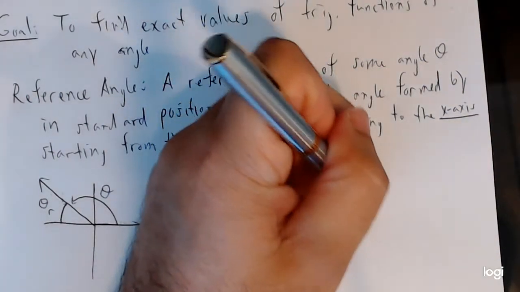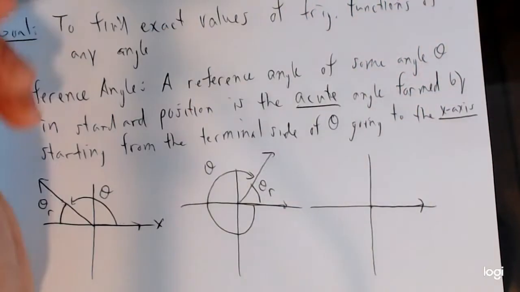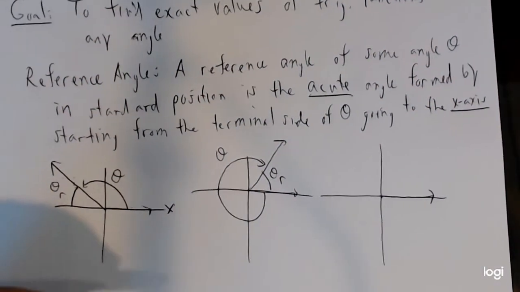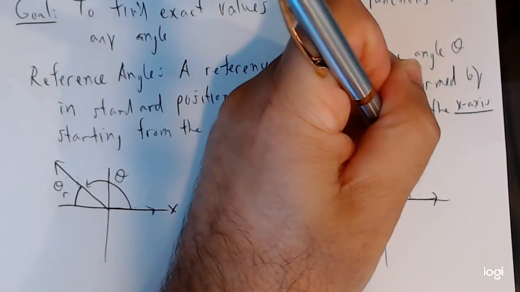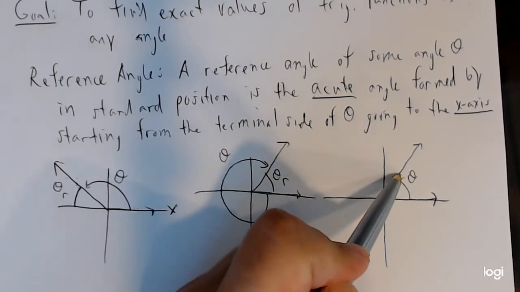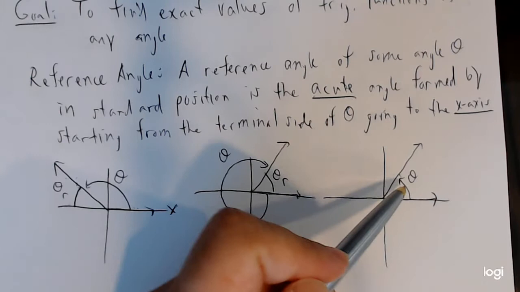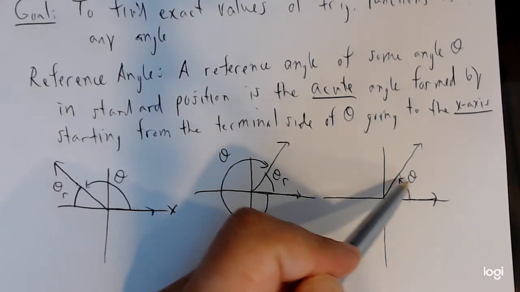Lastly, there's one other example I want to show you, which you might be wondering, why didn't we talk about reference angles earlier? Why do we talk about it now? Well, imagine if theta puts us in quadrant 1. What do you notice here? What would my reference angle be? Start from the terminal side and go to the x-axis. And if you think about it, the only way I could go to the x-axis while keeping it acute is the same thing as theta.